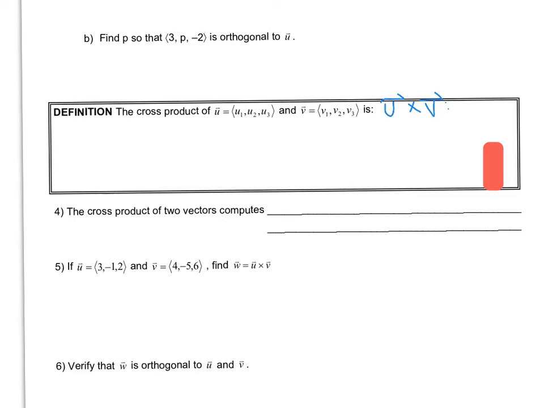So the cross product computes a third vector, so it's a new vector that is orthogonal to both of the original vectors. So these two vectors up here, u and v, when we do the cross product on these two vectors, it results in a third vector that is orthogonal to both of those at the same time.